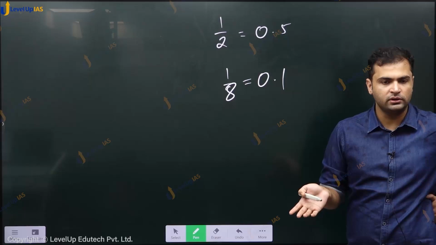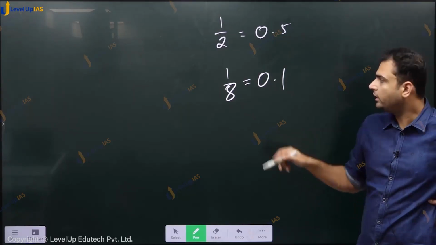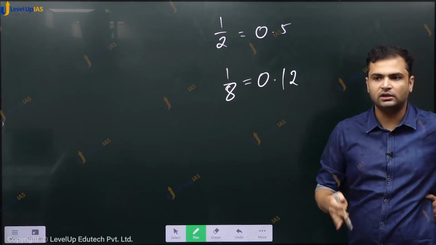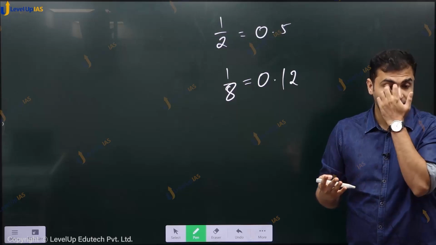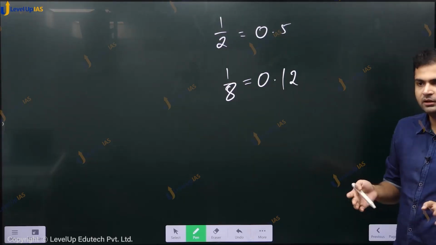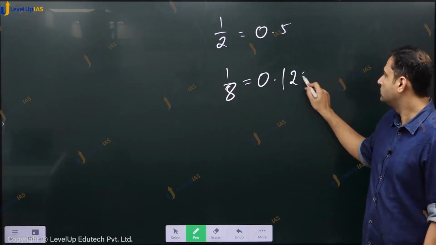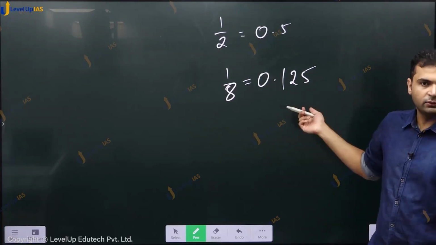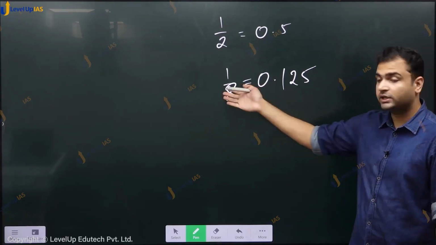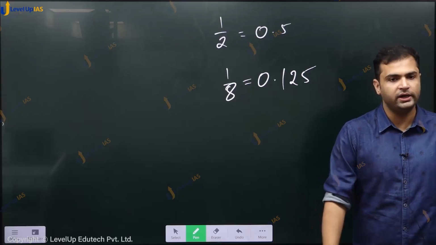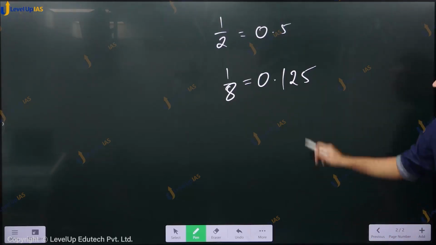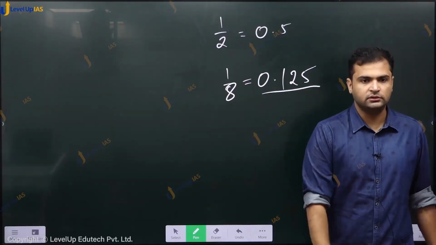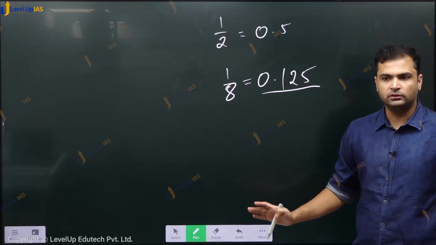Another 0 is borrowed, 20. 8 2s are 16. Remainder is 4. 20 minus 16, and 40. So we get 8 5s are 40. That was the decimal representation of 1 by 8. So you'll get again a terminating fraction. It ended, it terminated.